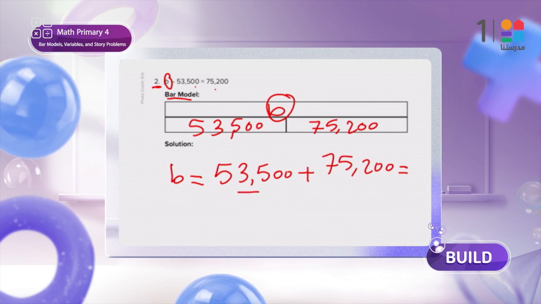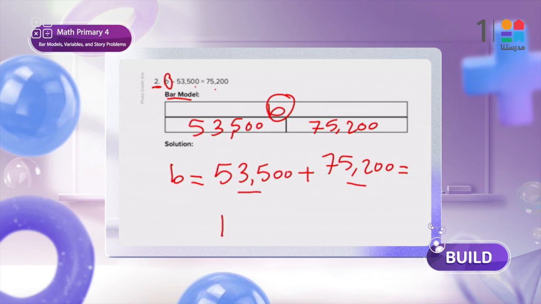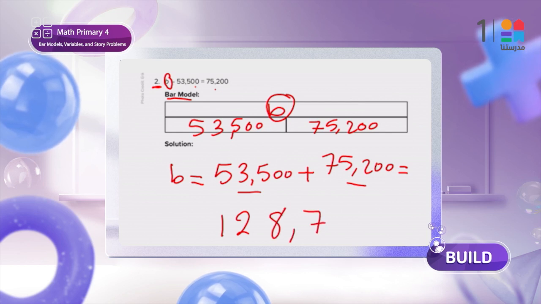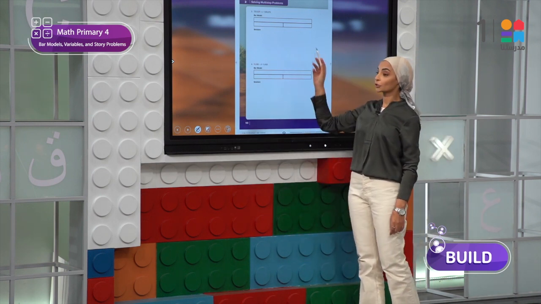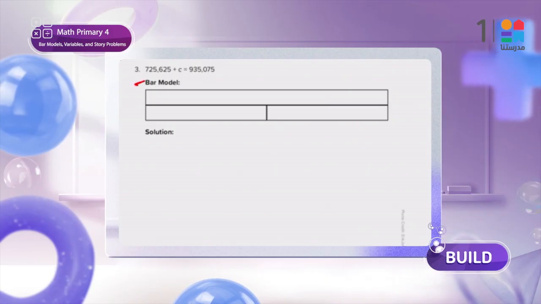So, you can do it by the standard way. If you add these two numbers, the answer will be 128,700. Now the answer is 128,700.